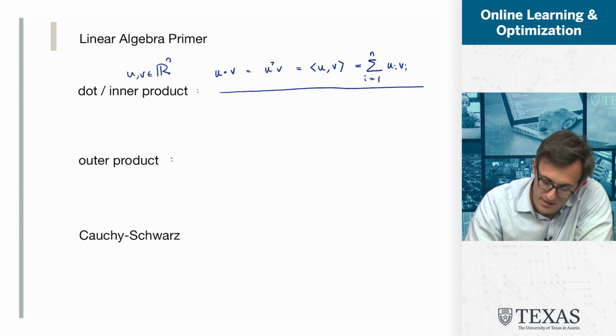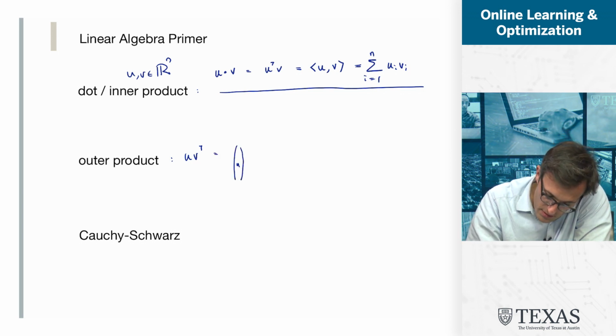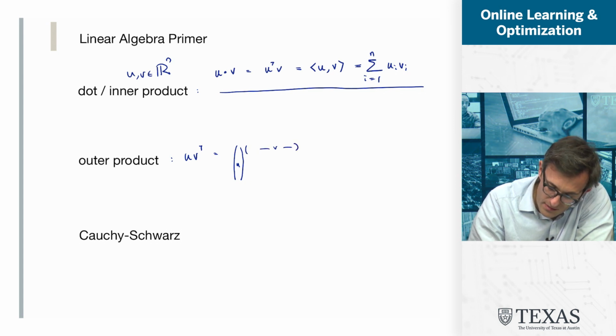The outer product is, instead of writing u transpose v, we could write u v transpose when u and v are column vectors. So what this would look like is u times the transpose of a column vector, which is v. And this is now an n by n matrix.